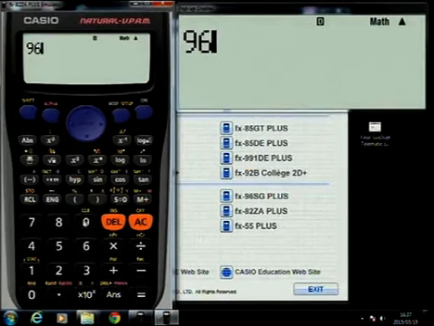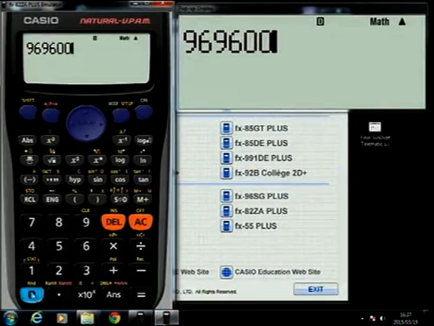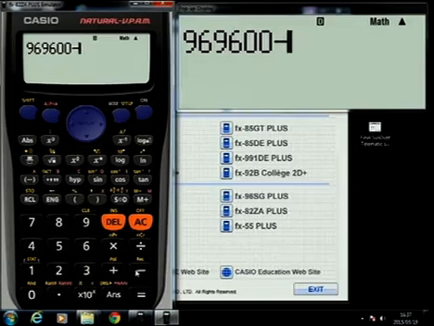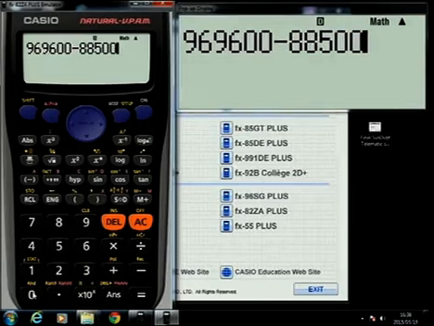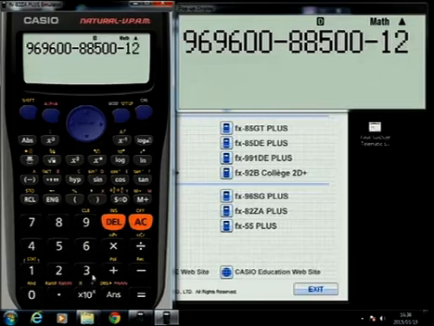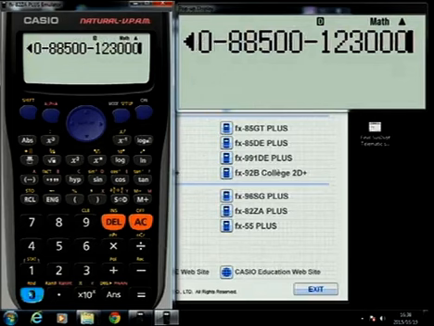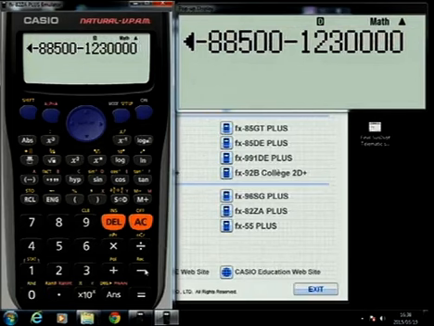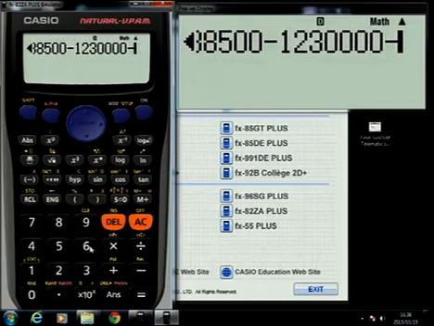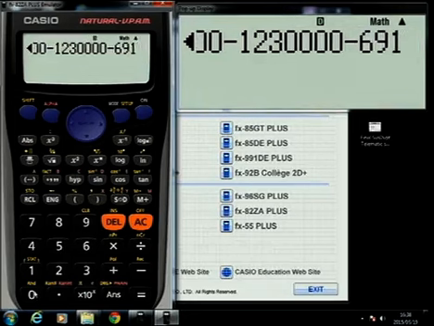So it's 600, minus 88,500. Why minus? Because it's in brackets. Minus 1,230,000 and minus 691,000.